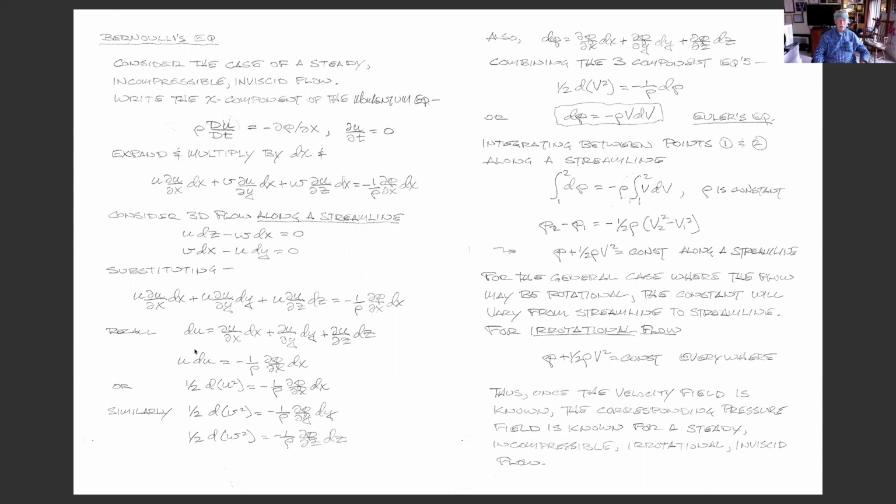Now, again, just a regular differential. The du is partial u with respect to x, dx, plus partial u with respect to y, dy, plus partial u with respect to z, dz. And the Euler equation in the x direction can be written like this. But really, if we look at this, we can just say u du.